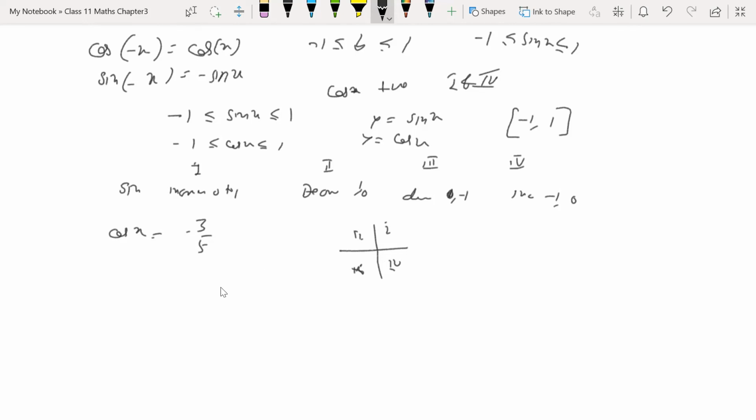Cos x is -3/5, which means secant x is -5/3.